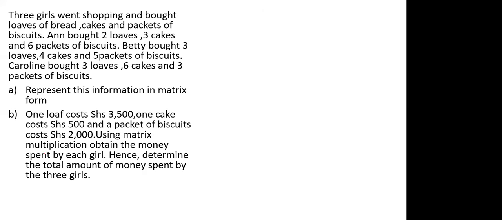Yes, so when they talk about compatibility of matrices, I saw a comment in the chat. Compatibility means that the number of columns in the first is equal to the number of rows in the second.